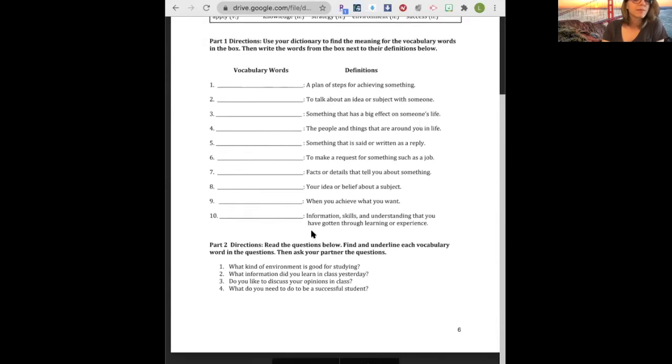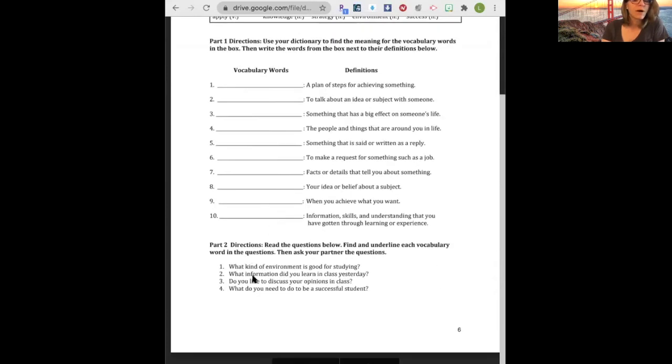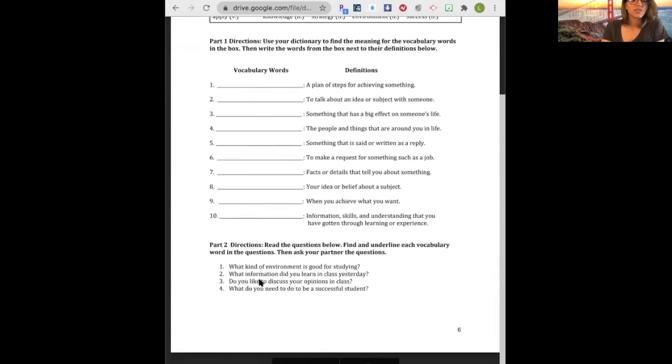There's a couple that might be able to fit. What kind of environment is good for studying? Environment right there. I was looking for it. What information did you learn in class yesterday? Information. And so on and so on.